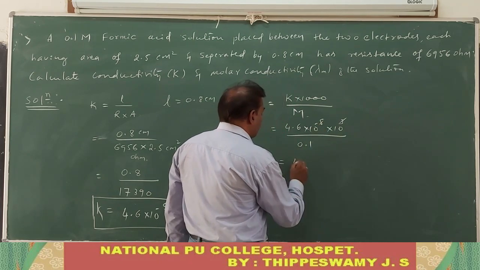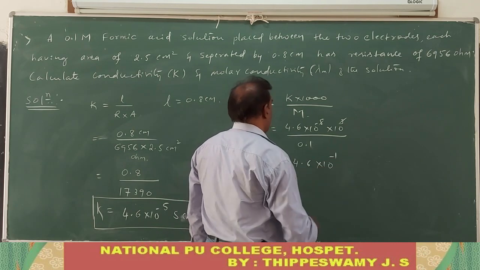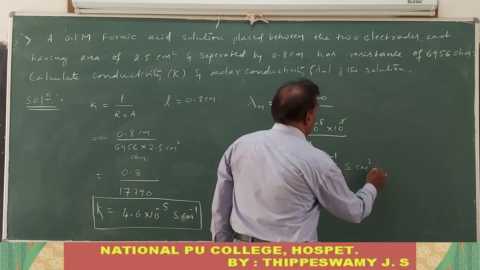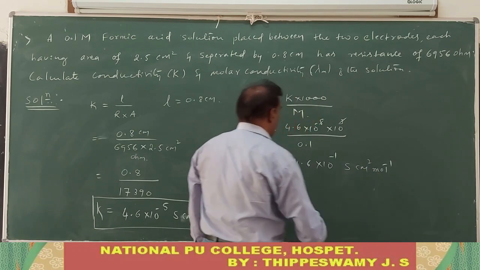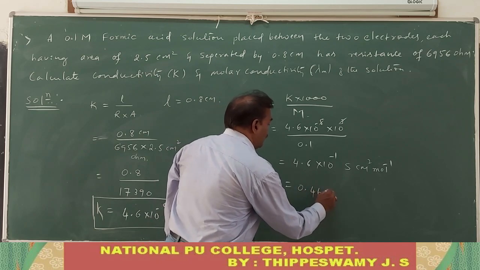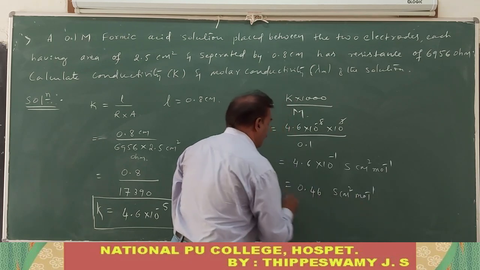Then we are getting the answer 4.6 into 10 to the power minus 1, that is Siemens centimeter square per mole. Even this can be written as 0.46 Siemens centimeter square per mole, which is also correct.